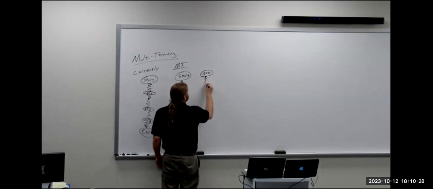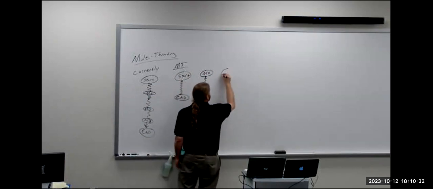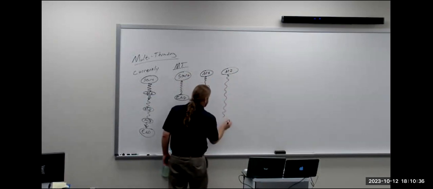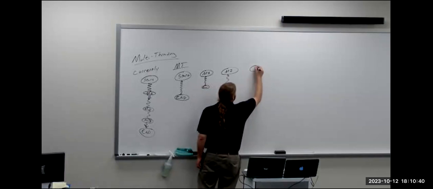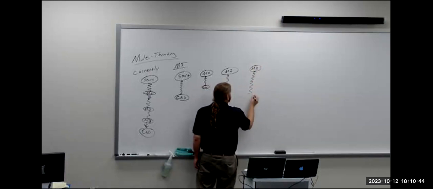So M1 might be something like this. Maybe M2 is a really, really long method. And M3, another short one, something like that.